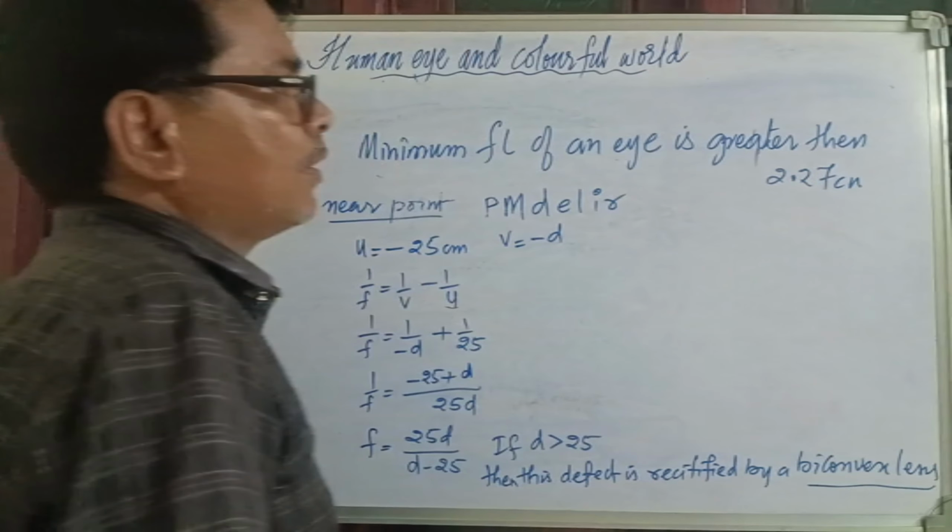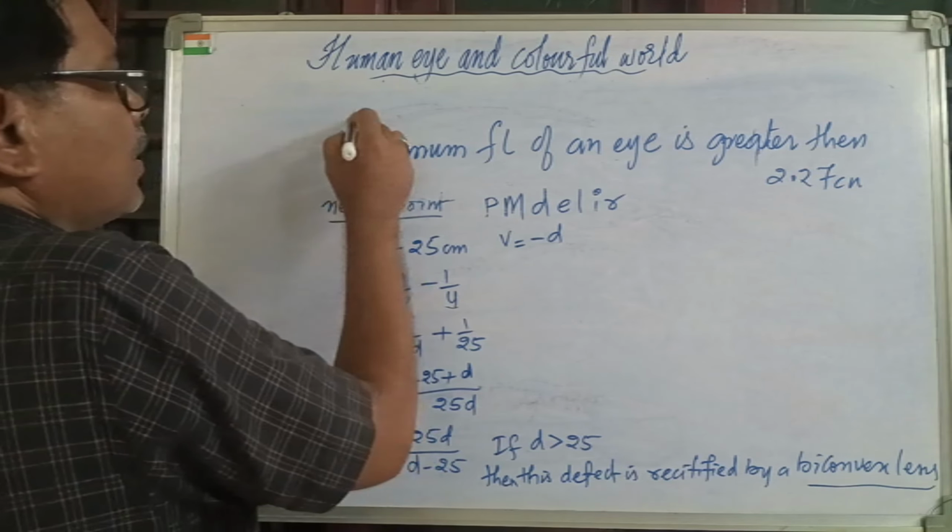This is another way questions are asked in CC. Let me tell you the question. Minimum focal length of an eye is greater than 2.27. What type of defect is it? Explain the defect with a suitable example, diagram, like that questions will be given.